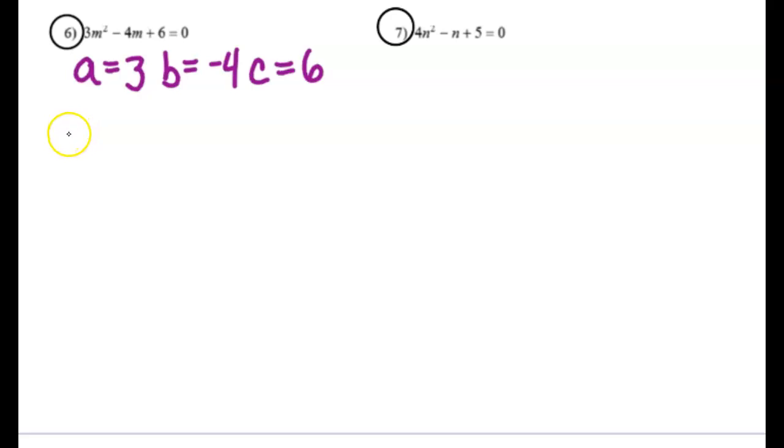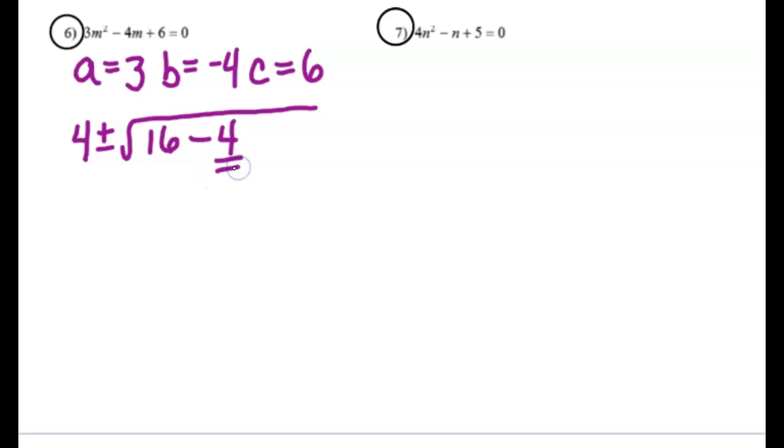Then the formula goes the opposite of B, which would be +4, plus or minus what? It's really easiest if you can just square the B in your head when you write it down, because then you don't have to worry about the parentheses. Do you know what -4 times -4 is? 16.